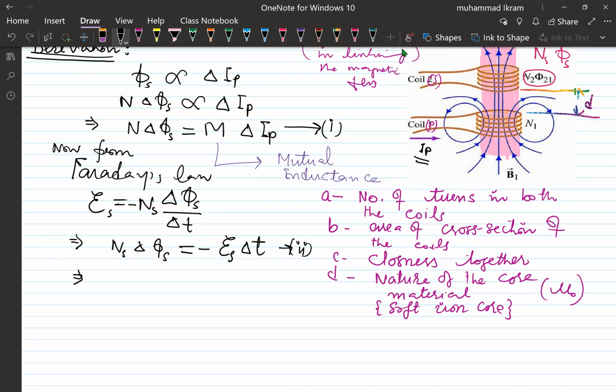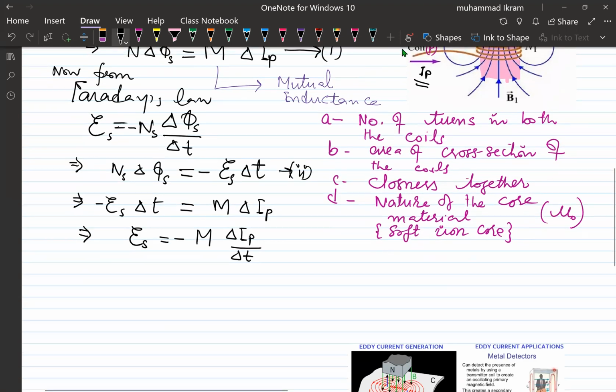So the equation will now reduce to this if we use 1 and 2: the induced EMF in the secondary is the mutual inductance times the rate of change of current in the primary, delta Ip by delta t.